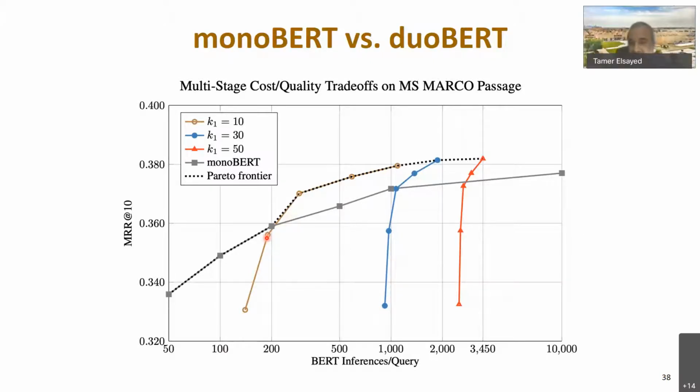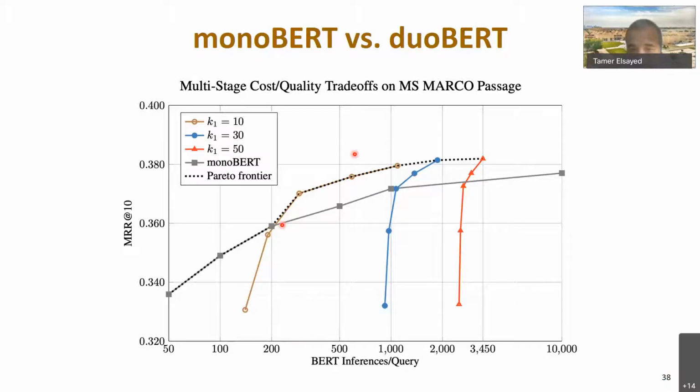So 100 plus 90, 190. That's why we had it here before 200. And so on. So you will always add 90 to whatever the number of mono BERT calls to BERT is. So this one, 200 plus 90, will be 290. This one is 500 plus 90, so 590, and so on. Okay, so that's the value on the x-axis.